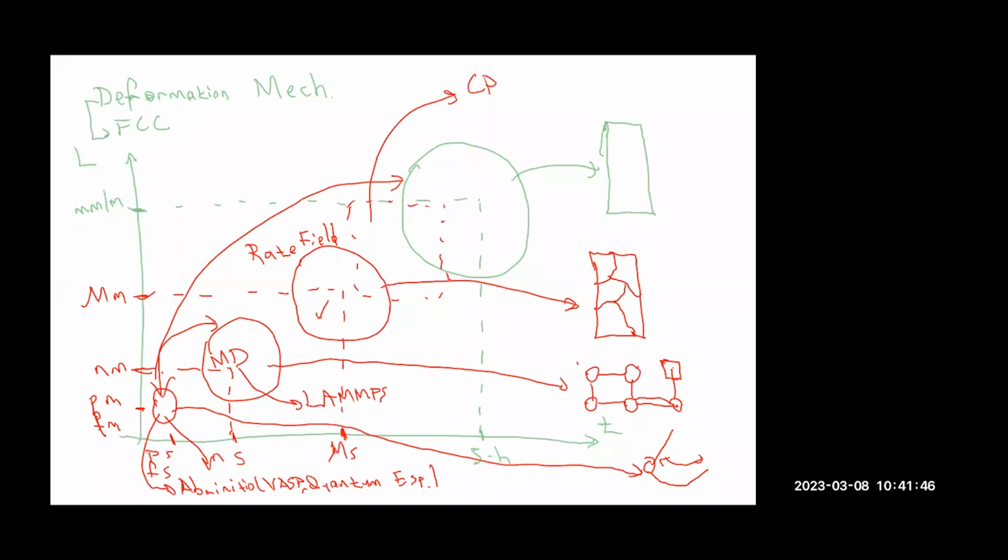And of course, Monte Carlo or kinetic Monte Carlo. I'll explain the difference later. Maybe at mesoscale, we can run some discrete dislocation dynamics, etc. But whatever, let me not mention the models. Let me just go back and continue from the vibrations.